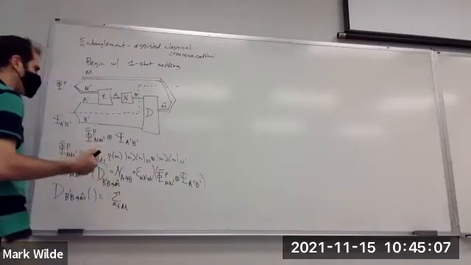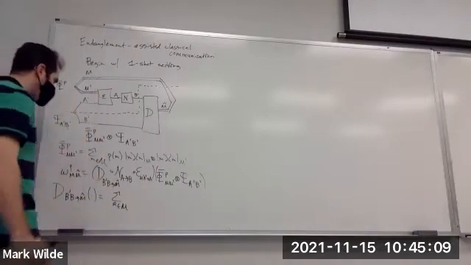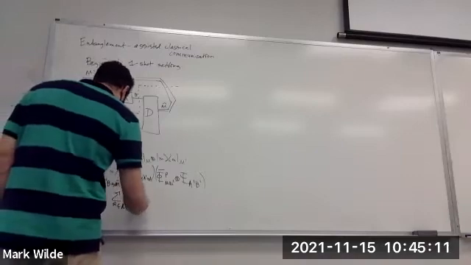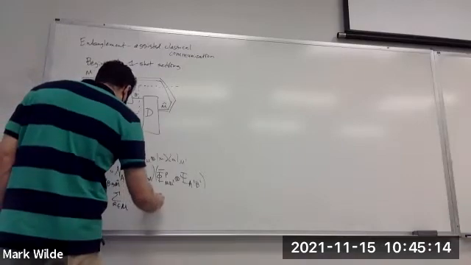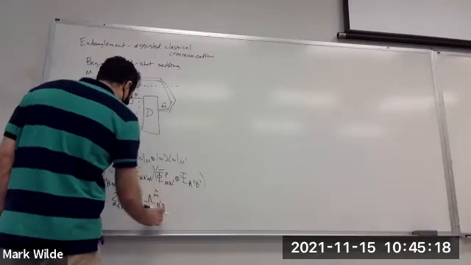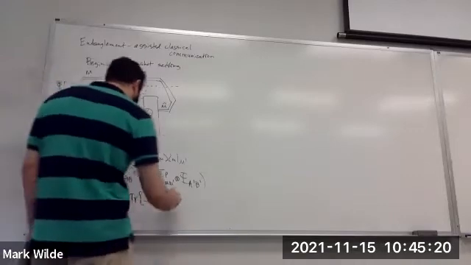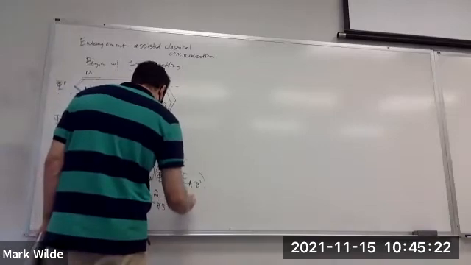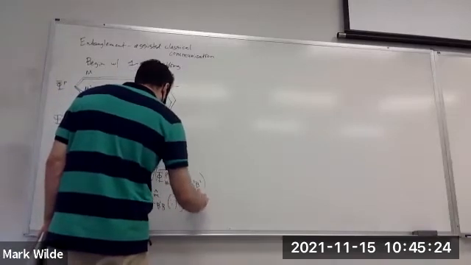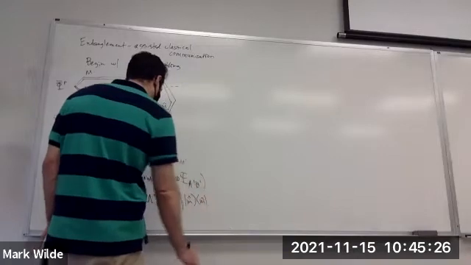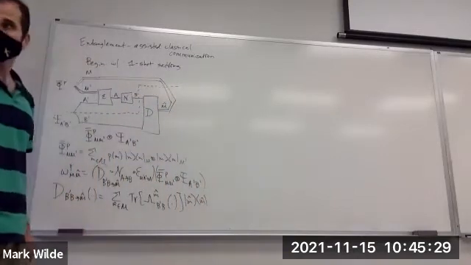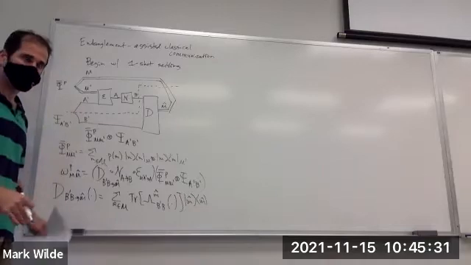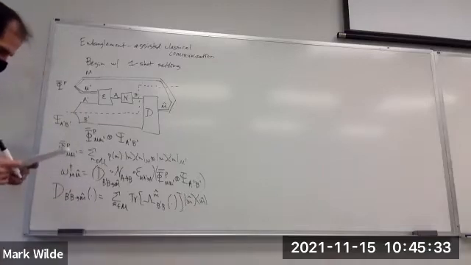That's the estimate of the transmitted message. These are the POVM elements. They act on the input of the channel and then output the classical guess of what was the input message. Okay.